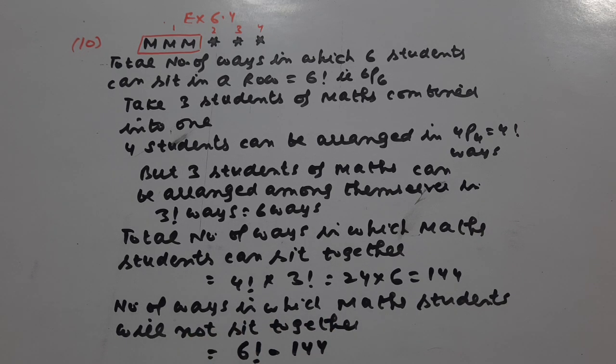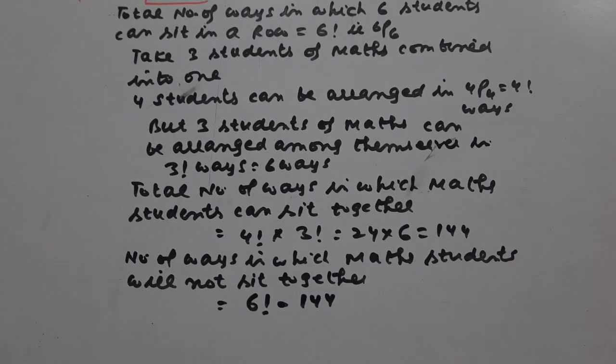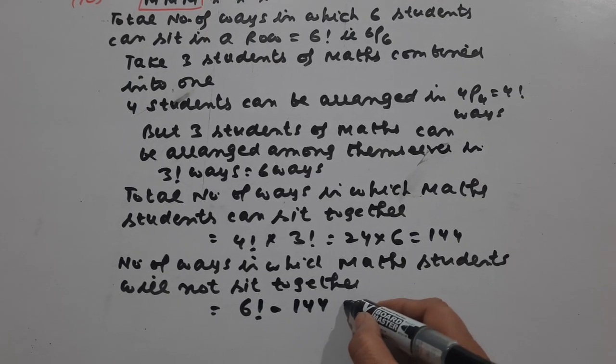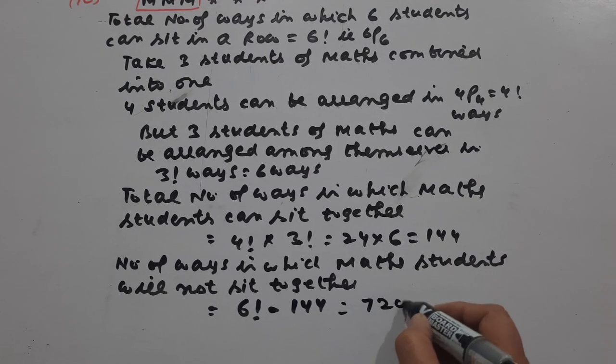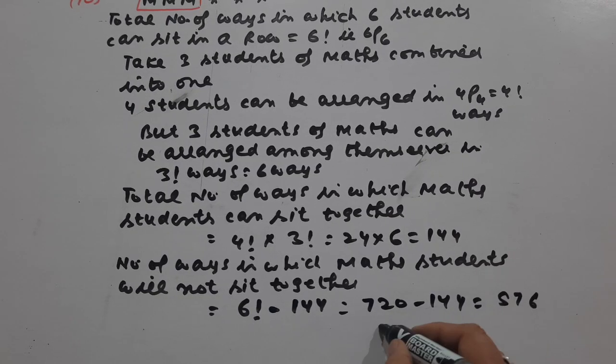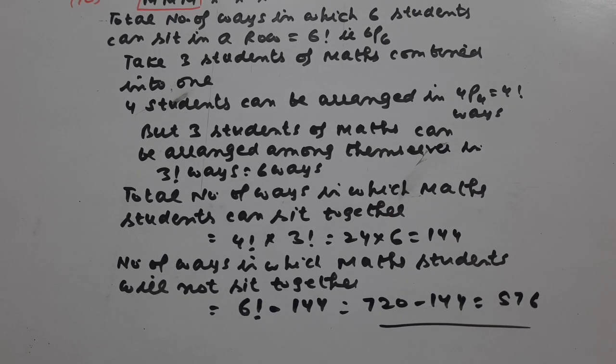From the total cases, we have to subtract the cases in which math students come together. So this is equal to 720 minus 144, which is equal to 576. So 576 are the cases in which math students will not come together.